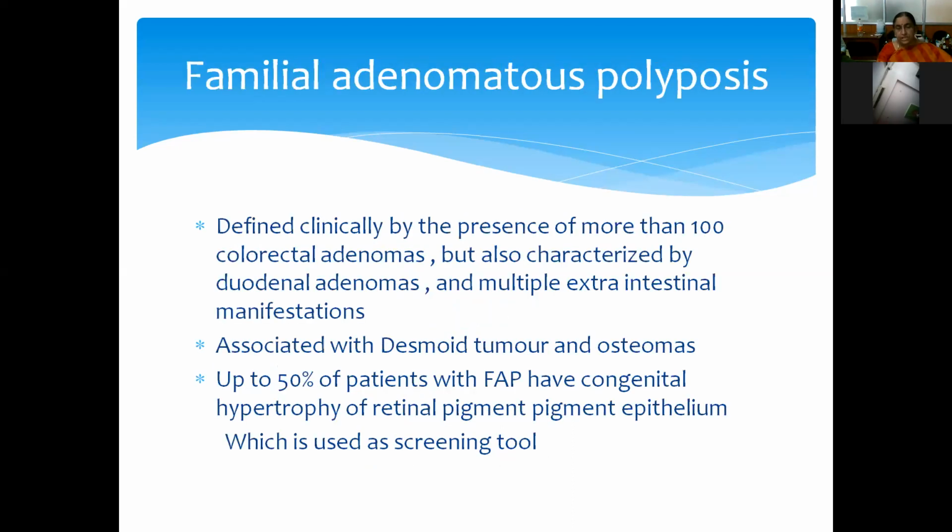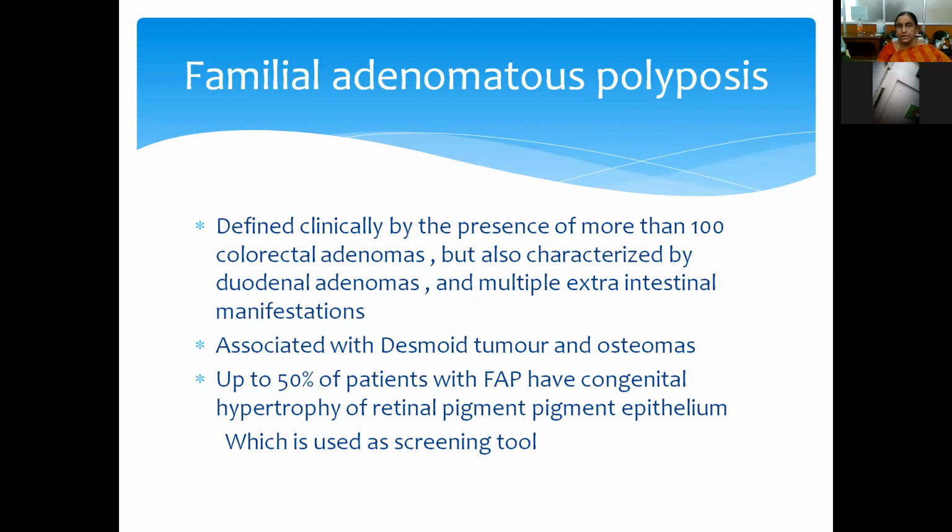Coming to a few conditions that have polyposis basically and a high propensity for the development of malignancy. One such condition is familial adenomatous polyposis, FAP. It is defined clinically by the presence of more than 100 colorectal adenomas, but also characterized by duodenal adenomas and multiple extraintestinal manifestations.